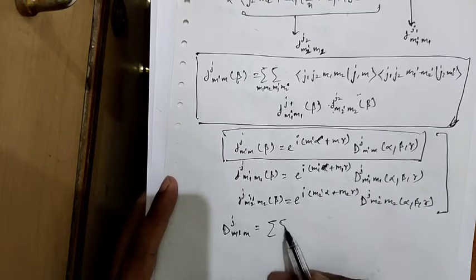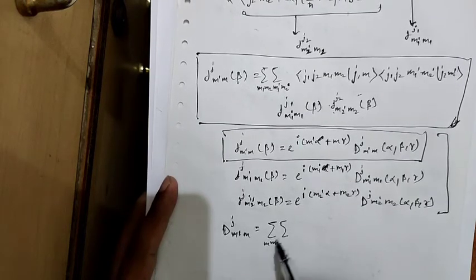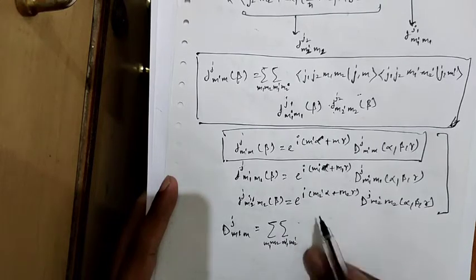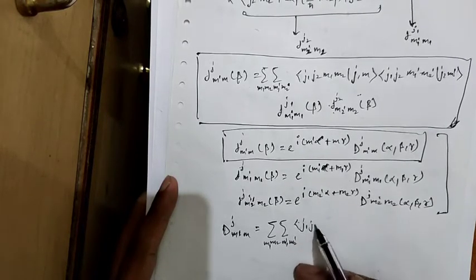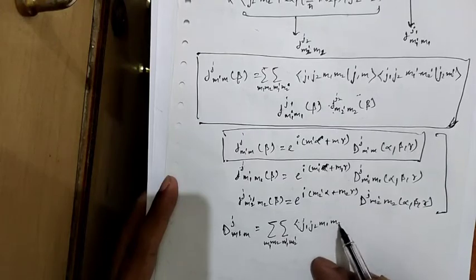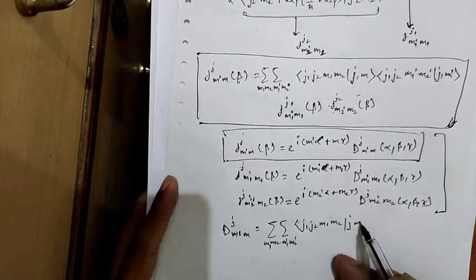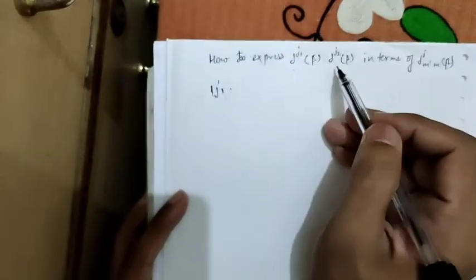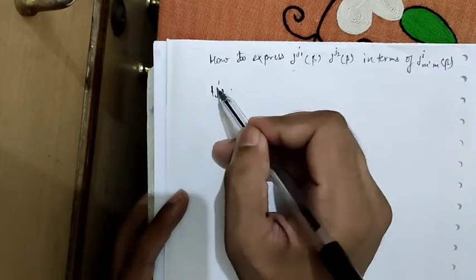So for the summation of m1 and m2 and m1 dash and m2 dash, j1 j2 m1 m2 jm.